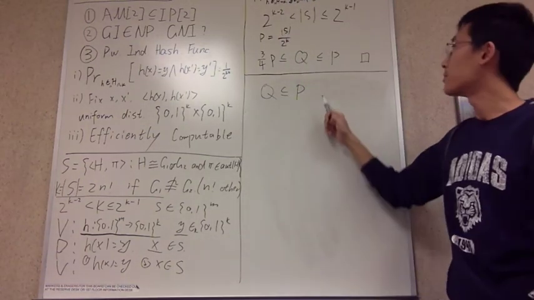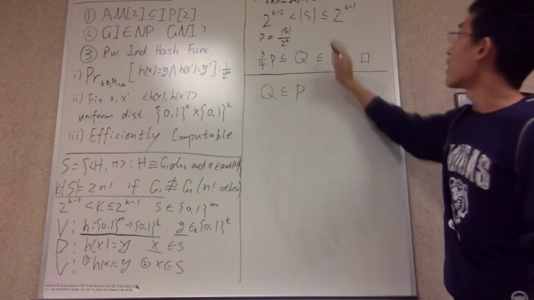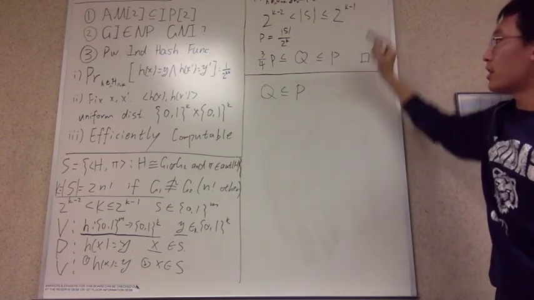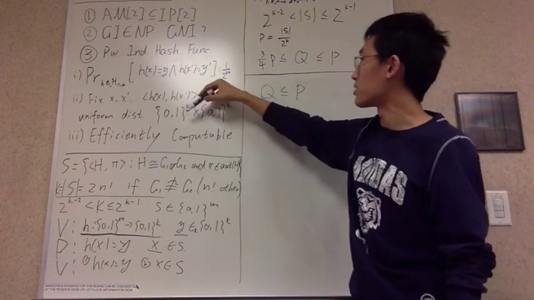Q is smaller than P is almost trivial, since for every x in S, hx equals y happens with a probability of 1 over 2 to the k, since this is a random distribution here.